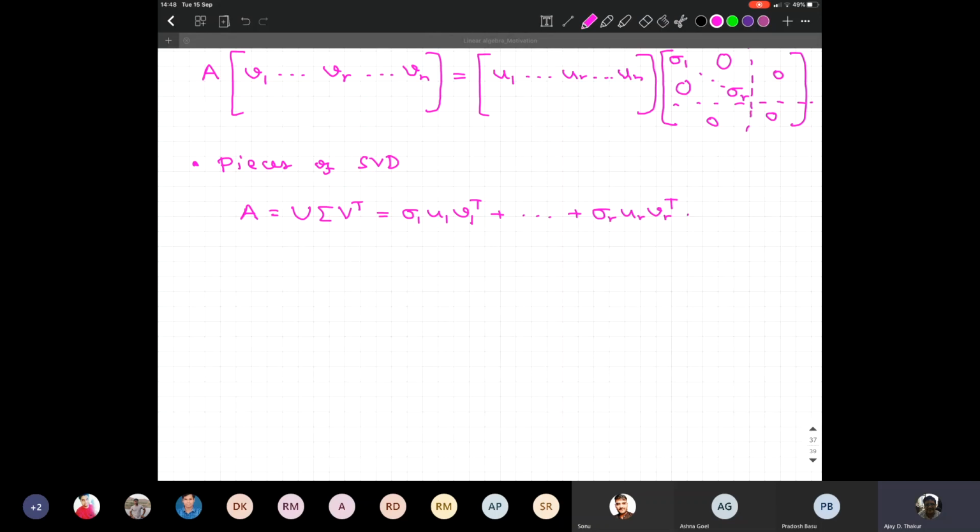The beauty of this expansion is the contributions become less and less important as we proceed towards the right. Sigma 1 U1 V1 transpose will contribute the most. Sigma 2 U2 V2 transpose will contribute much less, and so on. Of course, the larger the number of terms you take, the more accurate the result, close to A. However, you are not doing a very bad job by ignoring some of the terms.